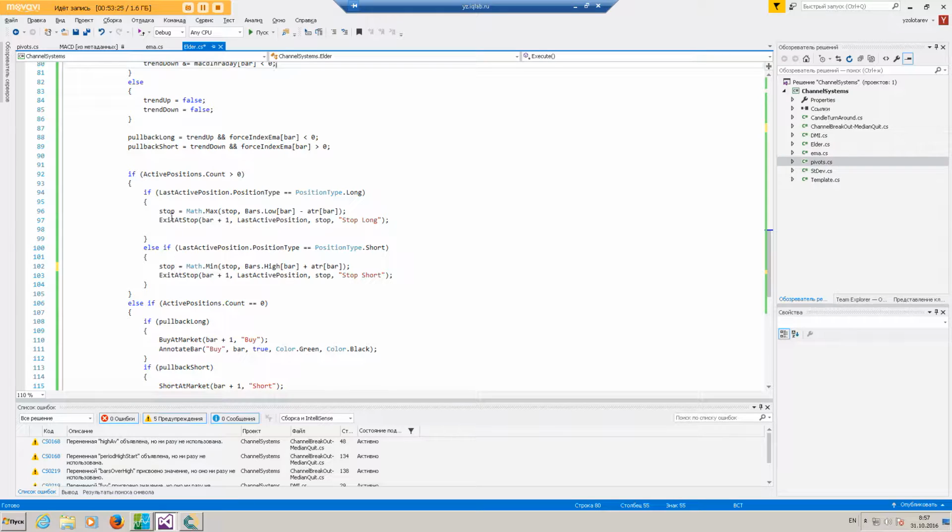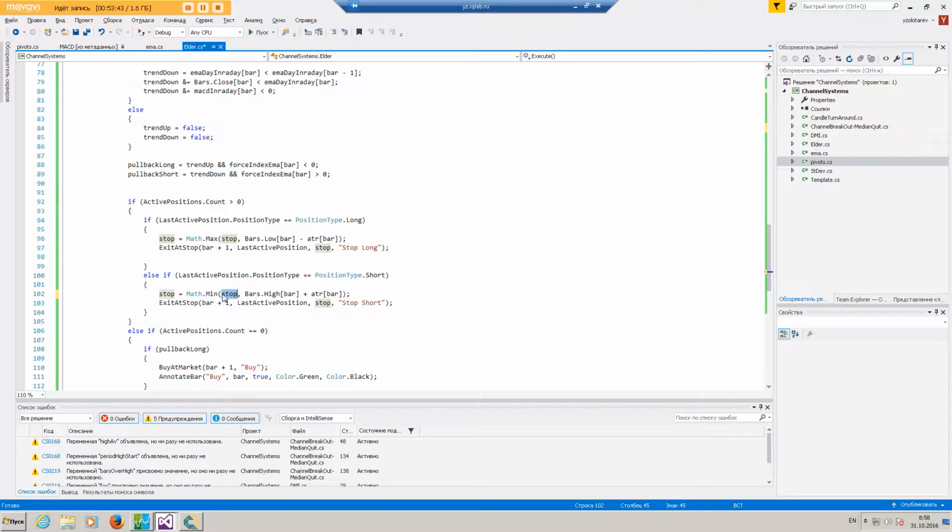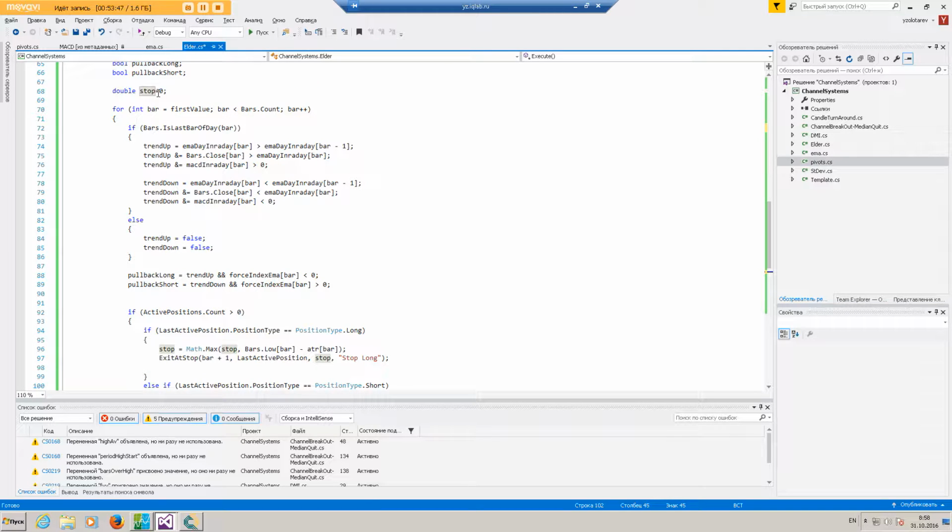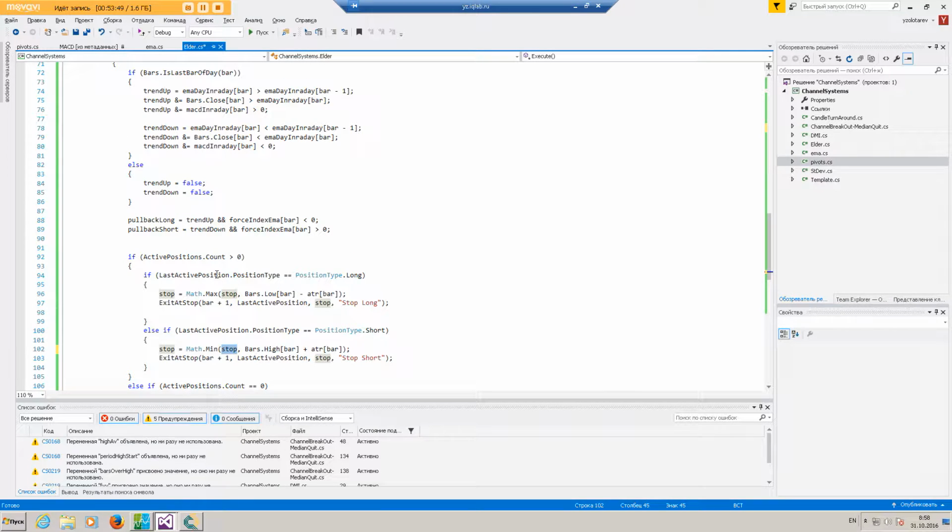Basically, for this thing it's okay because 0 is less than the first stop that we create. That's fine, but this is bad because here we're taking the min value, and this stop value right here, if it's 0, it's going to be pretty bad, right?